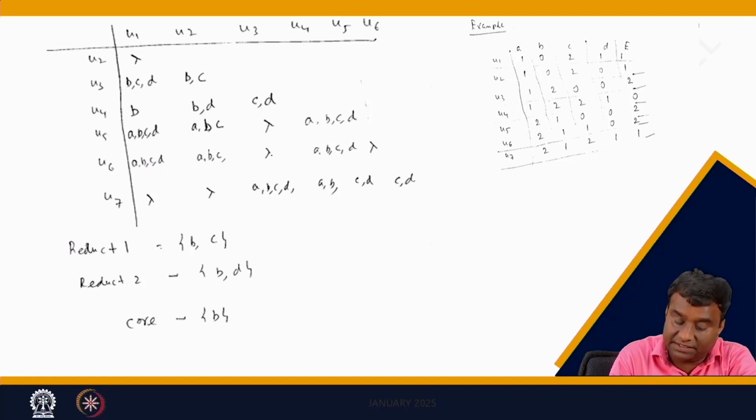At D it is same. u6 and u3, decision is same, so it is lambda. Similarly u6 and u5, this is same, so this is lambda. u7 and u1, this is same, lambda. Now u7 and u3, decision is not same, so all attributes are different, so here A, B, C, like that.